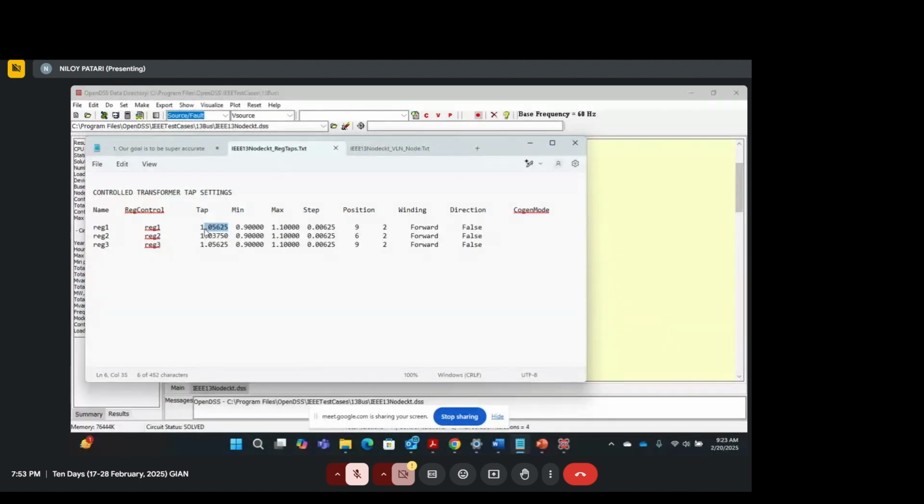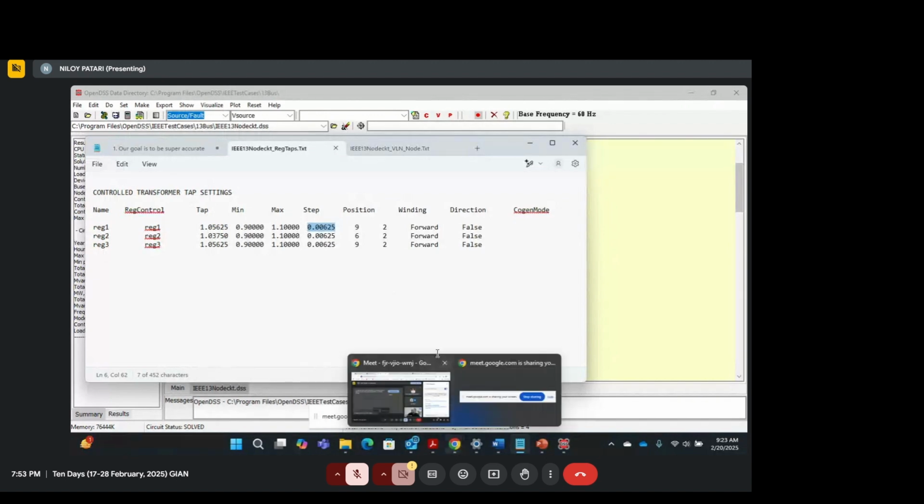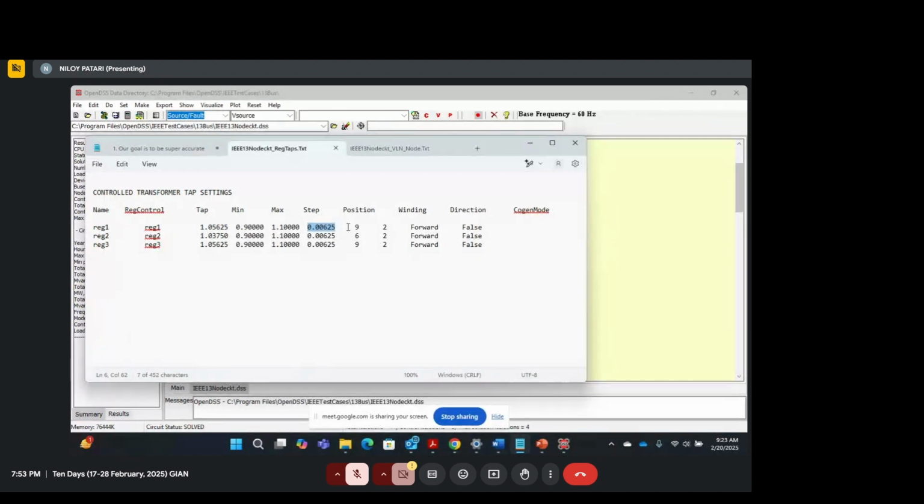So each tap position improves your voltage by 0.00625 per unit. So if you multiply this 0.00625 by 16, then you will get 0.1.